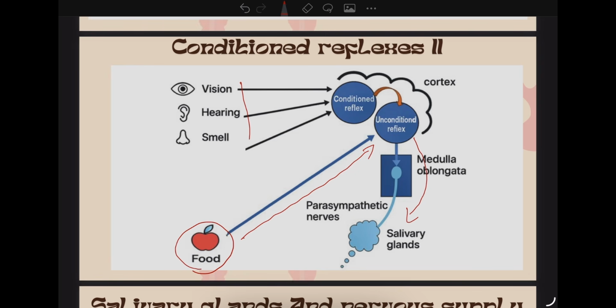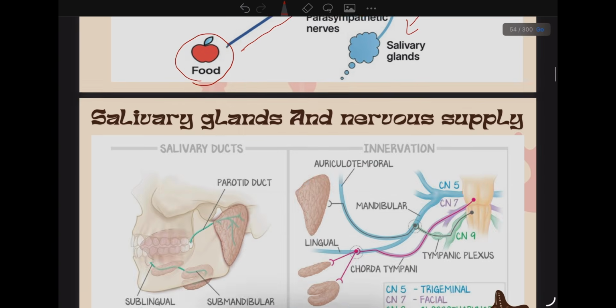Now, after a while, our brain developed a connection between seeing the food or smelling the food, because it noticed that each time before we eat, we smelled food. Also, before we eat, we see the food. So it developed this conditioned reflex. And this is what made the cephalic phase possible. Now, only by smelling the food, you feel like your mouth is starting to get watery and all of that. Yes, this is what we call conditioned reflex.